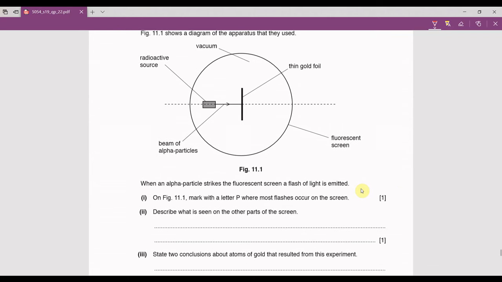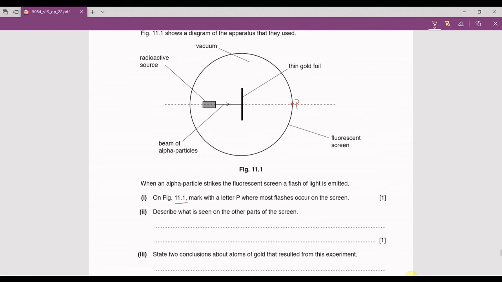On figure 1.1, mark with the letter P where most flashes occur on the screen. We know from this experiment that most of the particles are going to pass straight through, so this is the point where you should see most of the flashes.